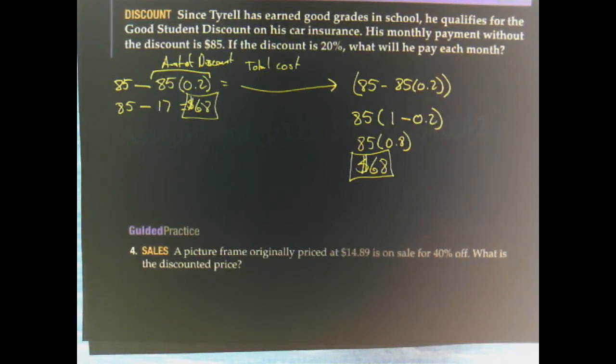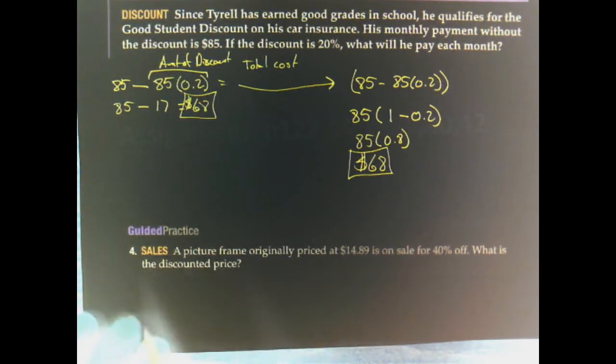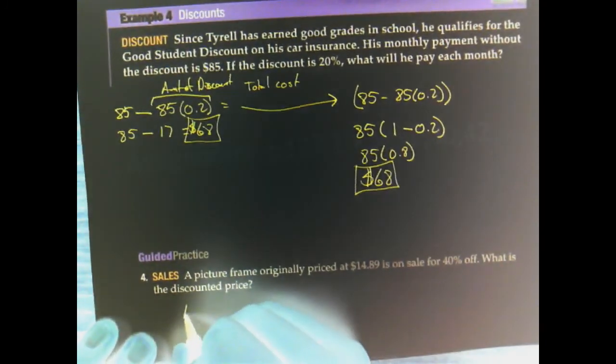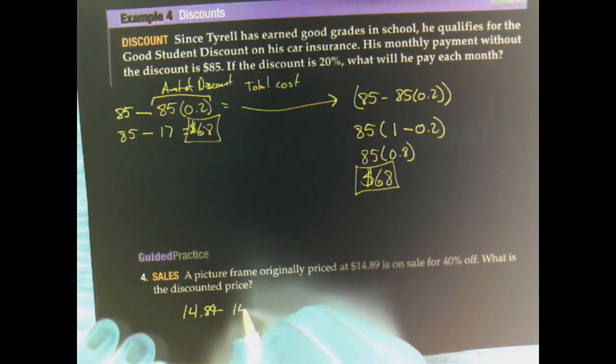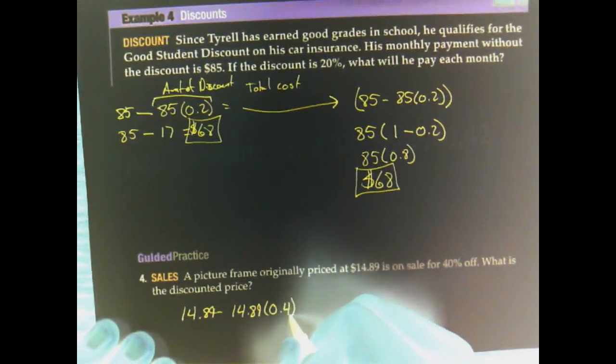And we should be back from our break, so let's go ahead and try number 4 here. It says a picture frame originally priced at $14.89 is on sale for 40% off. What is the discounted price? So if we start with our original amount, $14.89, we subtract our discount from it, $14.89 times 0.4.